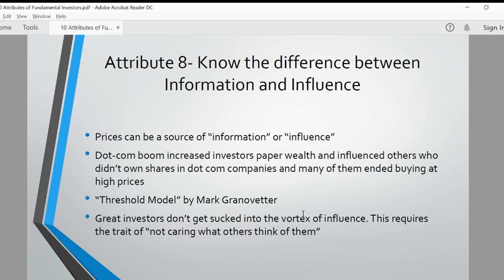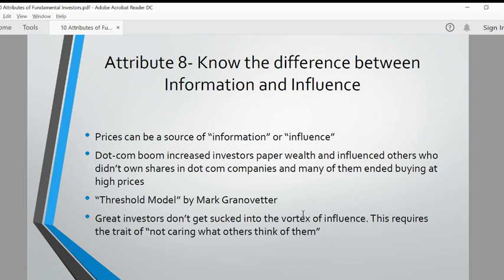And they drove the prices even higher till there was a frenzy, and there were many people who bought at the peak only to see most of their wealth eroded in a matter of a few months. The author also gives a model called the threshold model, where he explains a riot.